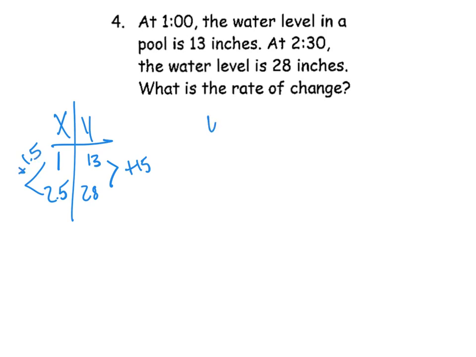And again, Y over X. So 15 over 1.5. What's 15 divided by 1.5? 10. 10 what? 10 inches per hour.